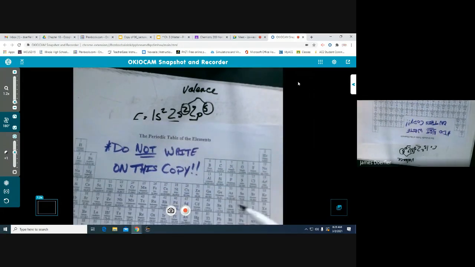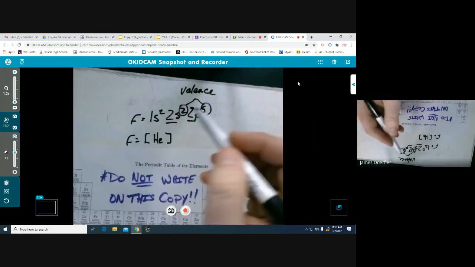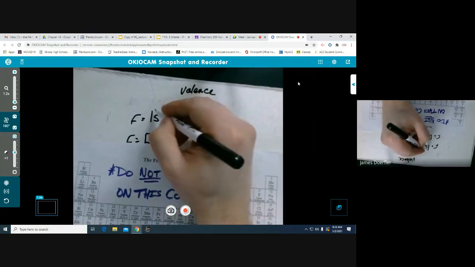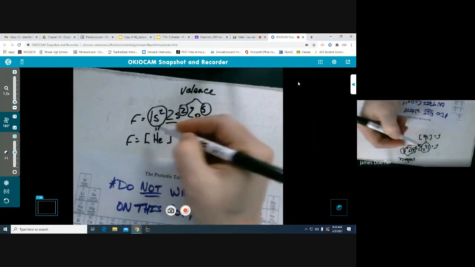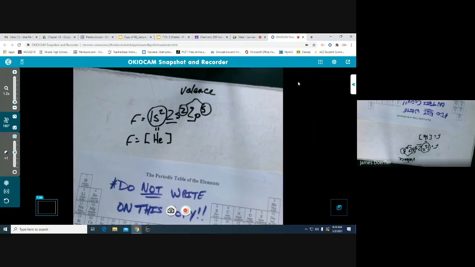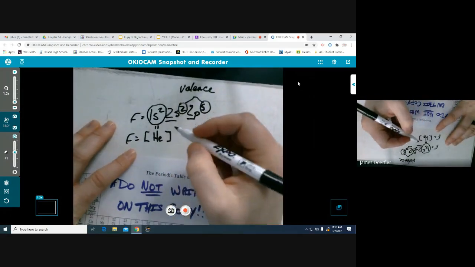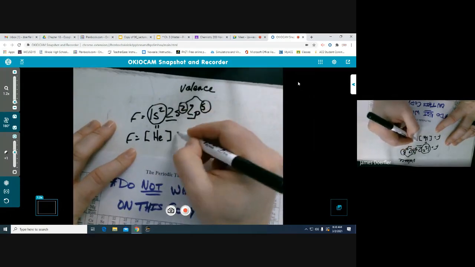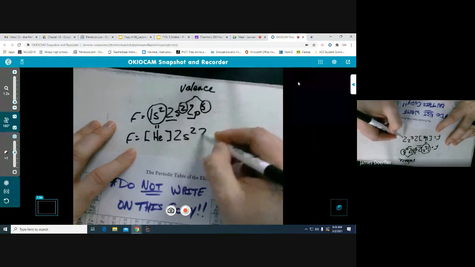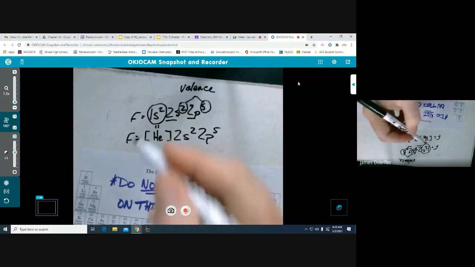We're simply using the previous noble gas as a stand-in for everything else before the valence electrons. So this helium, in this case, is standing in for that 1s2. So to complete this noble gas configuration, I simply just finish writing what's left here. 2s2, 2p5. And that would be my noble gas configuration.